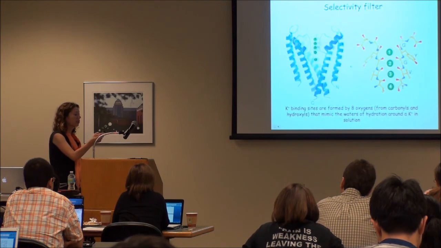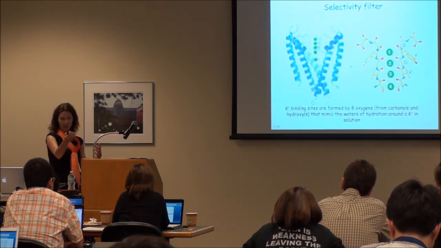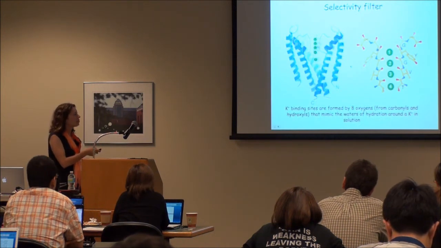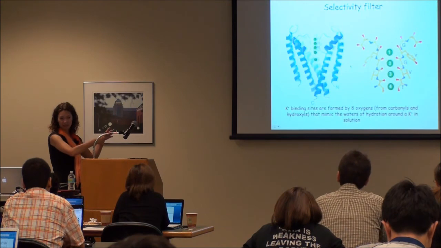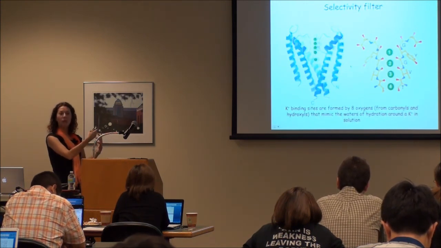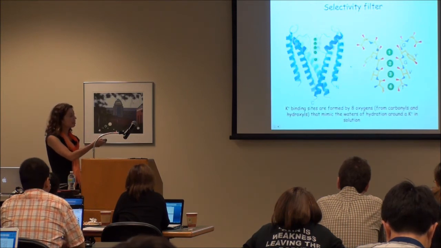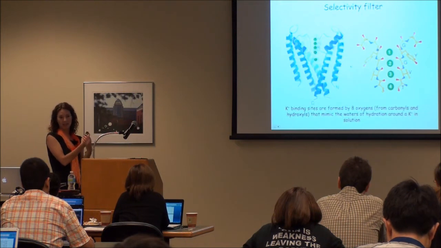So in order to evolve a channel for a particular type of ion, which is where I think you're getting at, you could make these binding sites for that ion mimic what the coordination distance and coordination number of ligands is in solution.